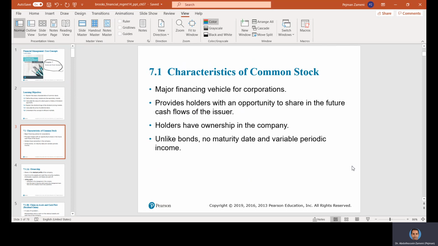Major financing vehicle for corporations. It provides holders with an opportunity to share in the future cash flows of the issuer. When we buy a stock or share, there are two ways that we, as shareholders, can benefit.